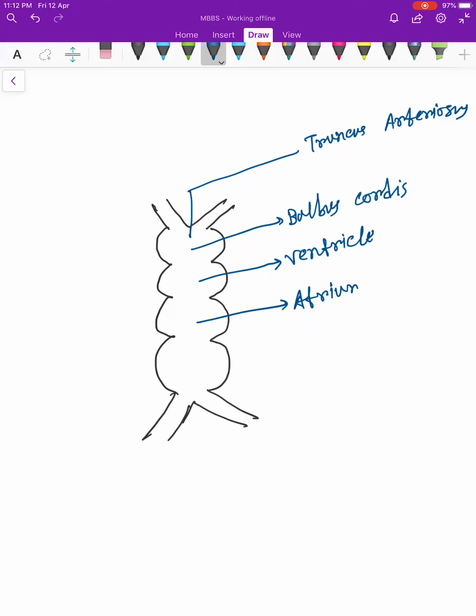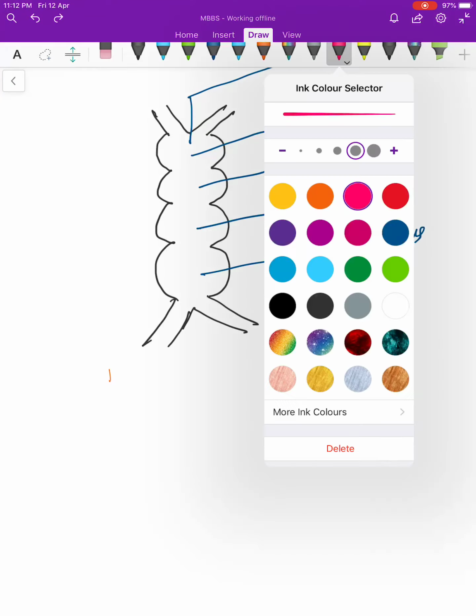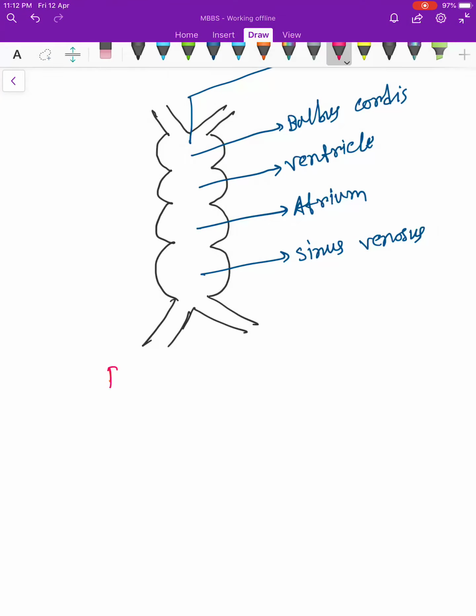This is atrium. This is sinus venosus. This is right horn. This is left horn.